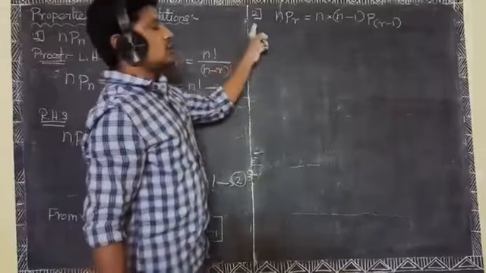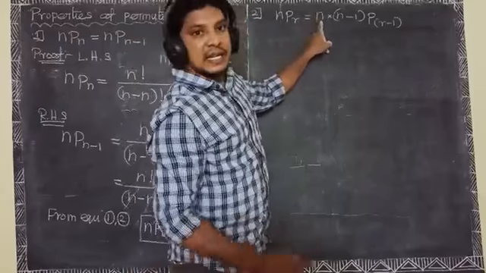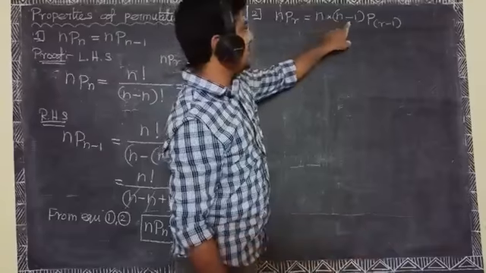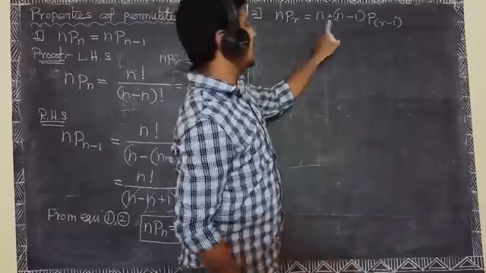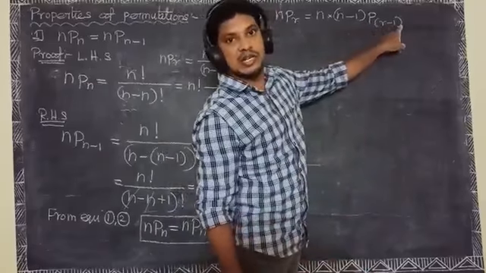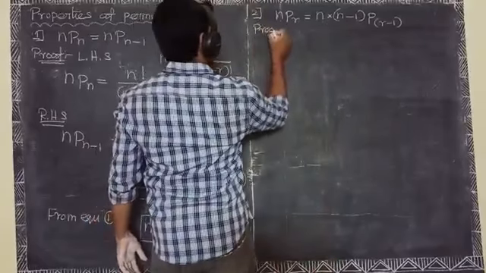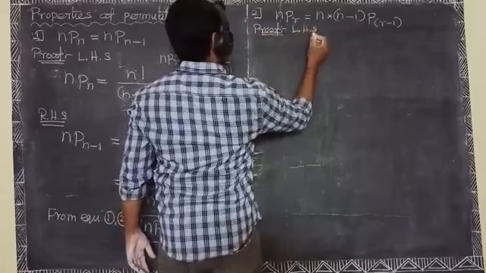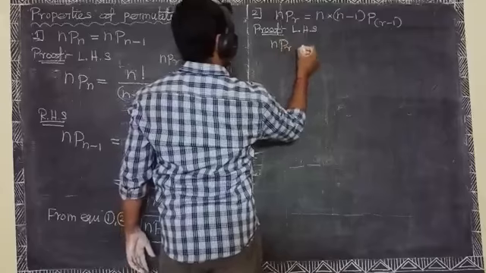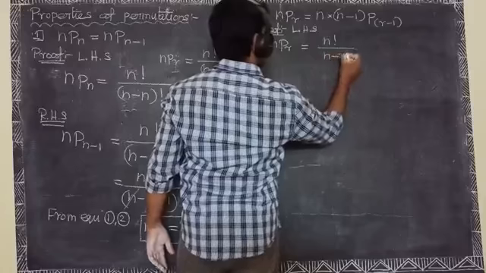Next, property number 2: nPr is equal to n into (n minus 1)P(r minus 1), which is equal to this result. Proof. We take LHS, nPr. It is equal to n factorial divided by (n minus r) factorial.